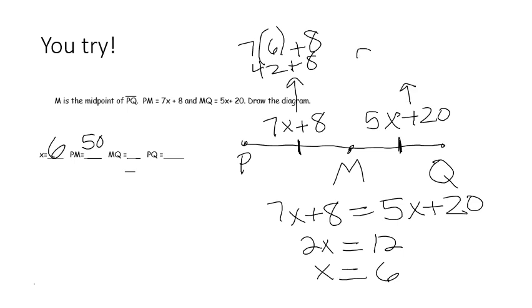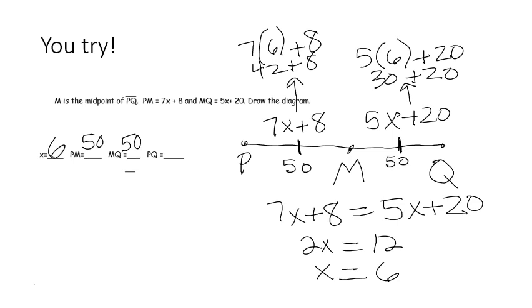Here for MQ, we're going to substitute 6 for X, which is 30 plus 20, which is also 50. And that is an excellent way of checking ourselves. So if this piece is 50 and this piece is 50, how big is the whole piece? Well, it's part plus part equals whole, or 50 plus 50.